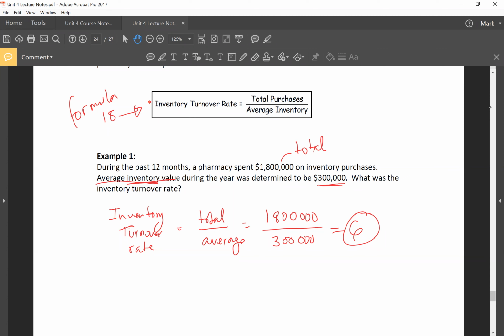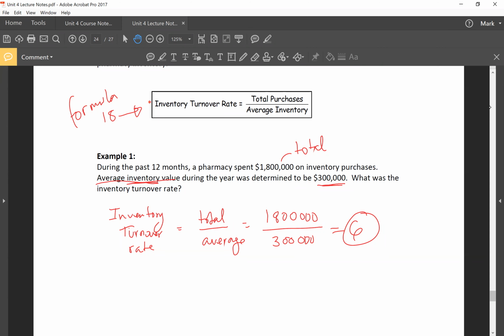If your inventory turnover rate is 1, that means 1 time per year you're refreshing your inventory, you buy inventory once a year and that's it. You don't need to buy it ever again. If it's 6, it means you have to restock your inventory 6 times.